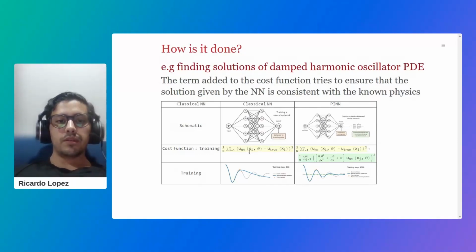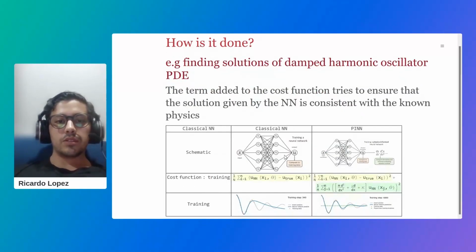You will give it some training points. In this case, let's consider a damped harmonic oscillator. You will have some training points, and the cost function reflects that. But the thing with a physics-informed neural network is that you are also adding the residual of the partial differential equation you're trying to solve.